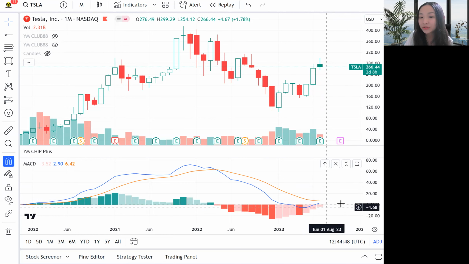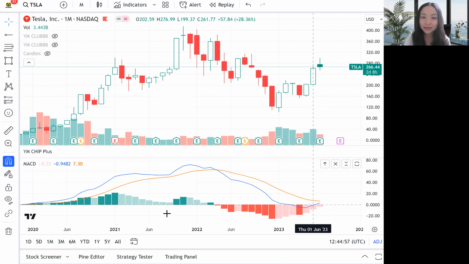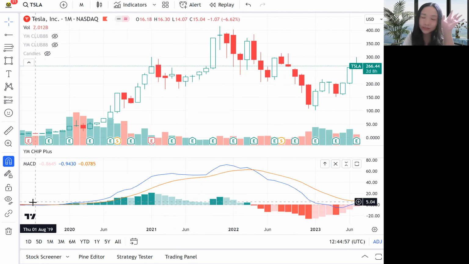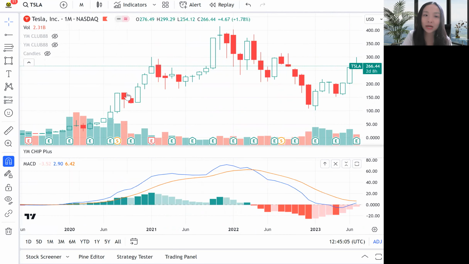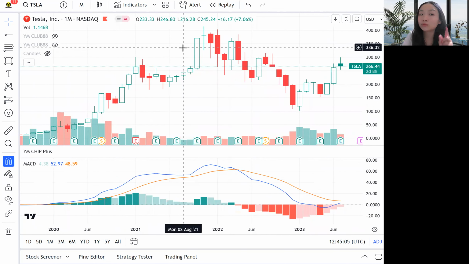We just need to wait for the green bar to flash, for the long-term investor. If you use the same strategy to buy on this monthly chart, you make crazy money. You just need to hold long. This is for the long-term investor.